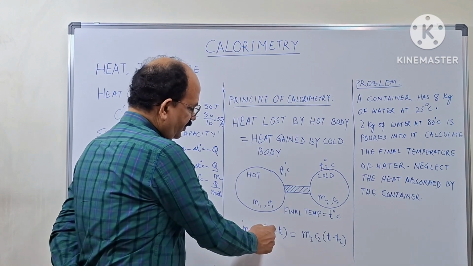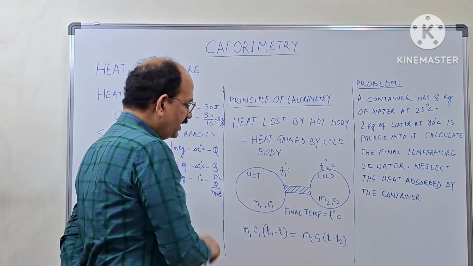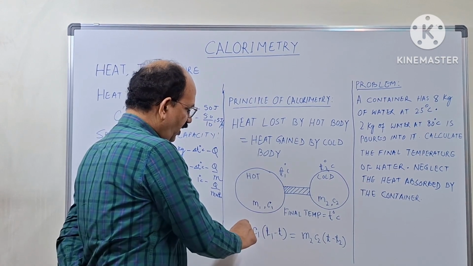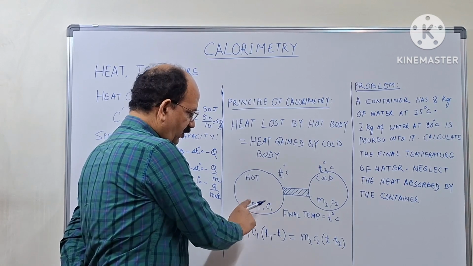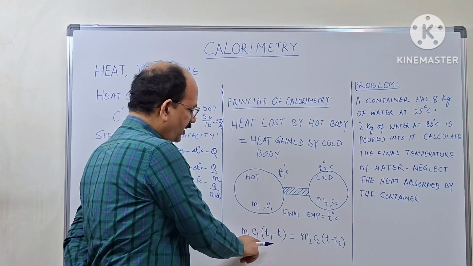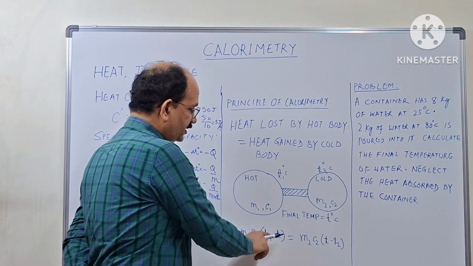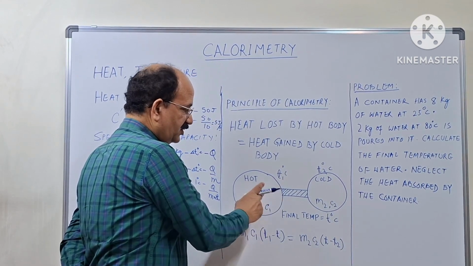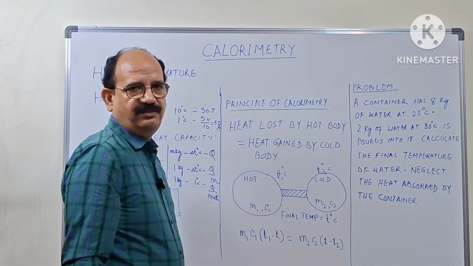So the change in temperature is T1 minus T. So the heat lost by the hot body will be M1, the mass of body 1, into specific heat capacity C1 multiplied by T1 minus T, because that is the temperature change which happened in this body. From a higher temperature it came to a lower temperature.